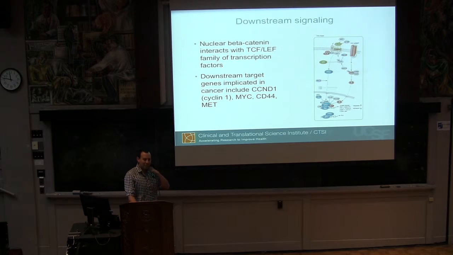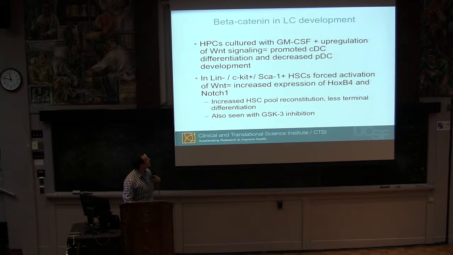These are big genes involved in cellular differentiation, cell growth, as well as migration and adhesion. So again, there are a lot of downstream effectors, in some ways very similar to Notch, but in some ways not.